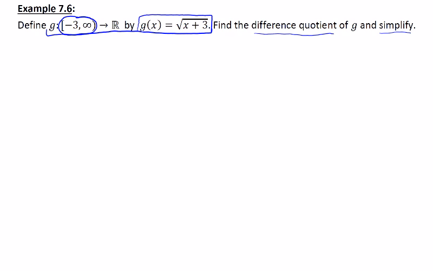So we know that our difference quotient, DQ, is g of a plus h minus g of a, all divided by h.